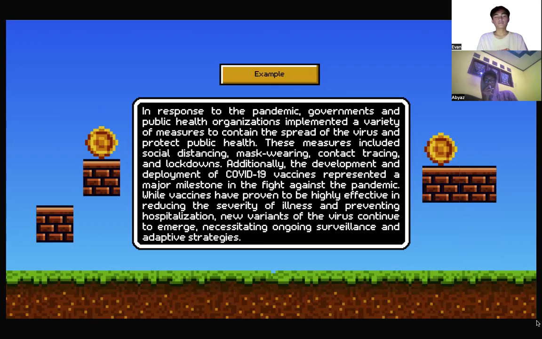While vaccines have proven to be highly effective in reducing the severity of illness and preventing hospitalization, new variants of the virus continue to emerge, necessitating ongoing surveillance and adaptive strategies.